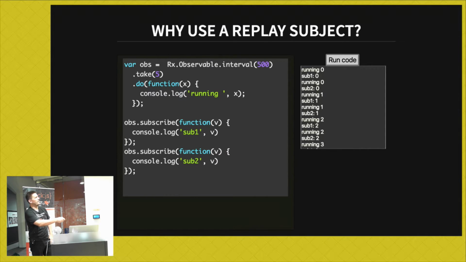But as sub2 subscribes, we're rerunning this code for every subscription. If this code did encryption, decryption, an asynchronous call and other stuff, we would be running that code every single time. In the case of an API call here, you would ping the API twice, once for this subscription, once for that subscription.